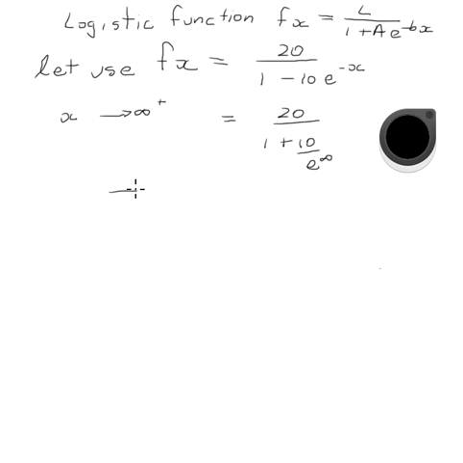So the whole function, f of x, will approach 20 as x approaches positive infinity. Therefore the function will have a horizontal asymptote y equals 20.